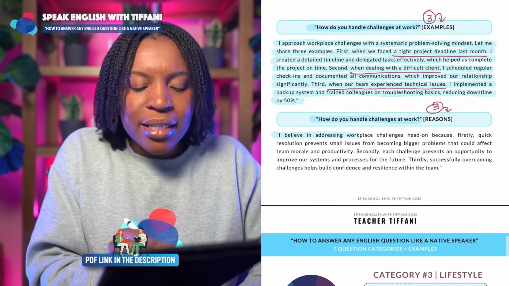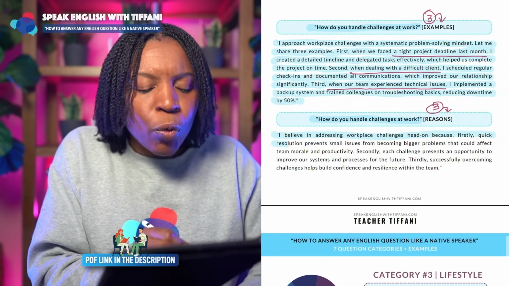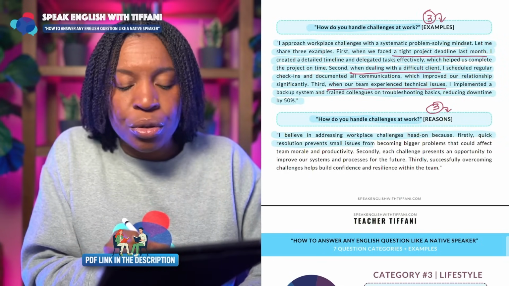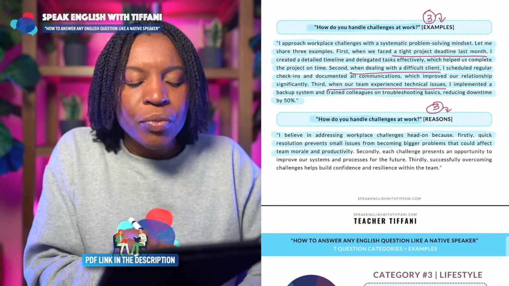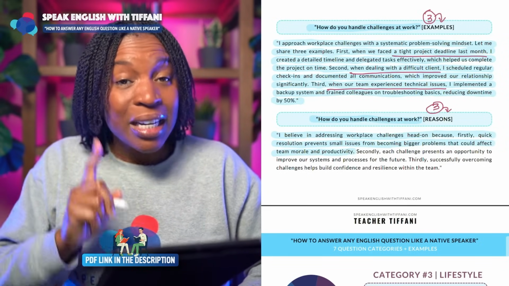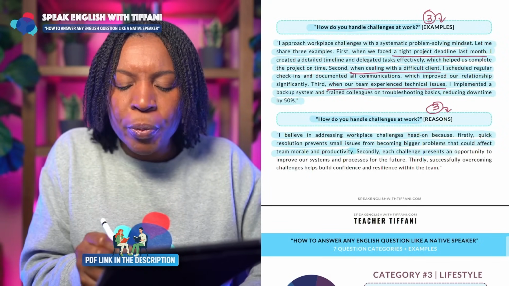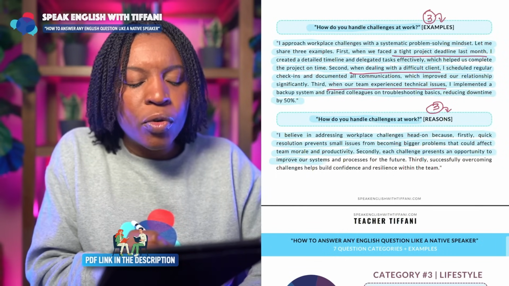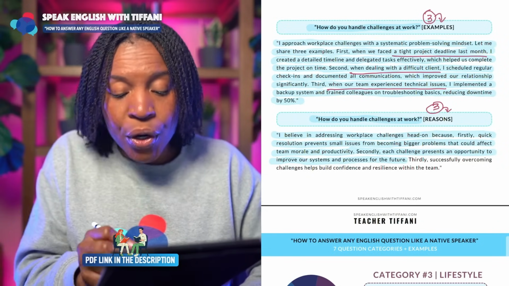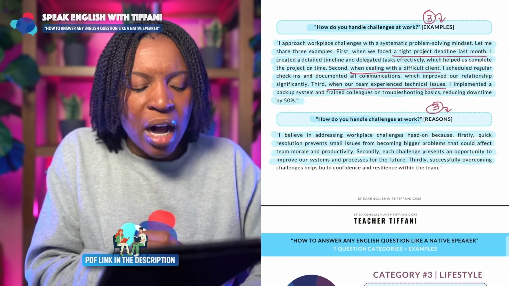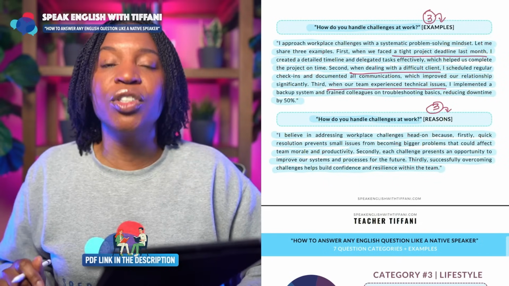I believe in addressing workplace challenges head on because, firstly, quick resolution prevents small issues from becoming bigger problems that could affect team morale and productivity. Secondly, each challenge presents an opportunity to improve our systems and processes for the future. And thirdly, successfully overcoming challenges helps build confidence and resilience within the team.